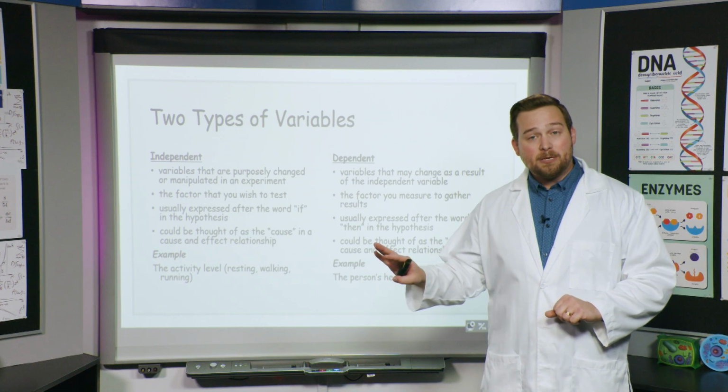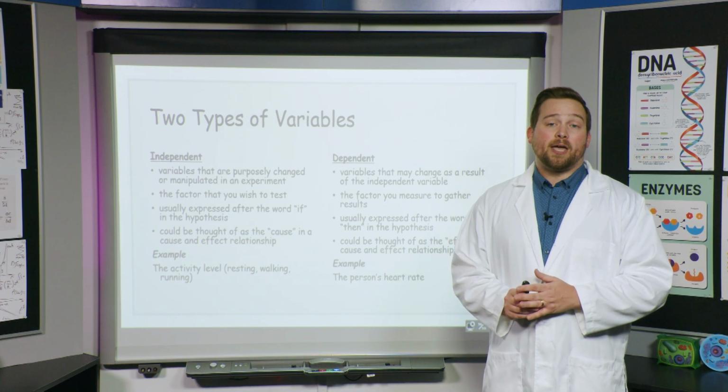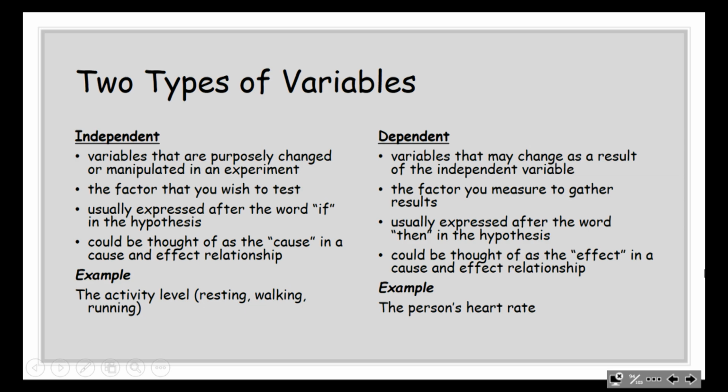Let's look at the dependent variable real quick. Okay, so the dependent variable, sometimes people call it the responding variable because it responds to the independent variable. The dependent variable are variables that may change as a result of the independent variable. We're not trying to purposely change them, they just kind of respond to what we did to the independent variable.